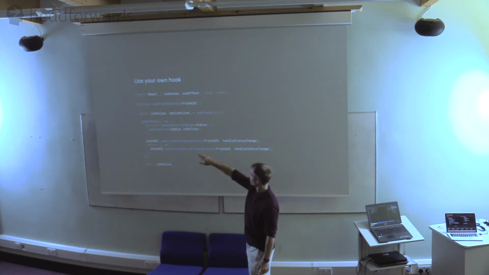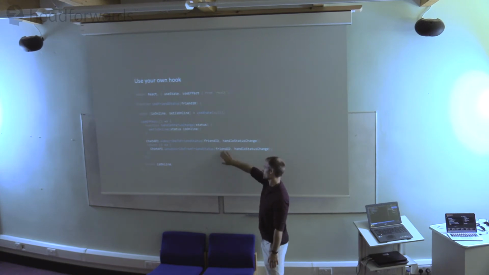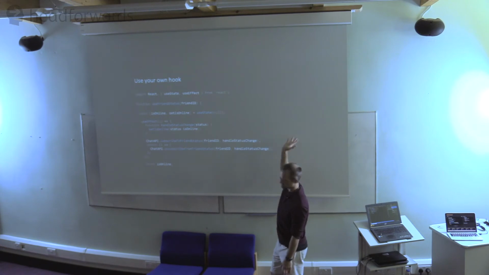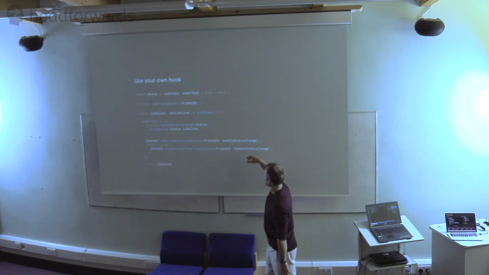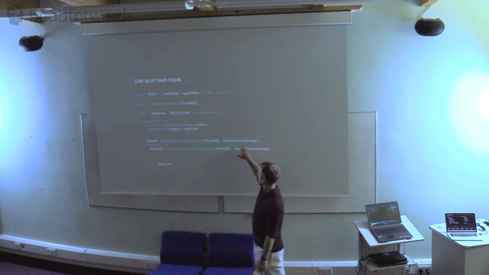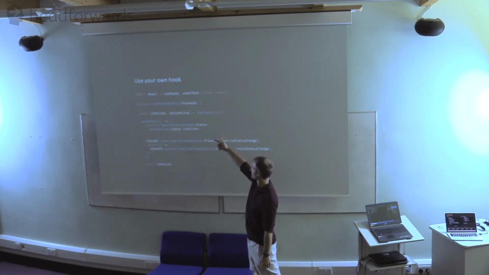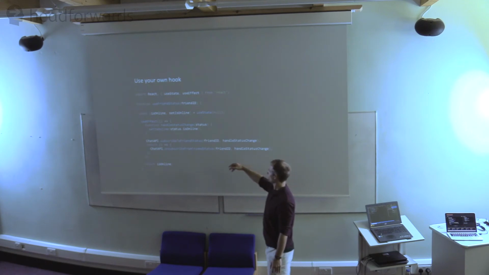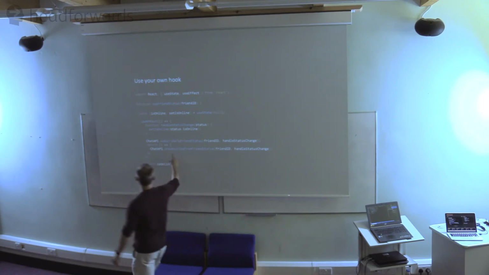Here, you've got UseEffect, which subscribes, and I'll come back to the unsubscribing, to, in this case, a friend status service of some sort, and uses the handle state change, and on that it changes the status to online or offline. This bit at the bottom here is quite cool.